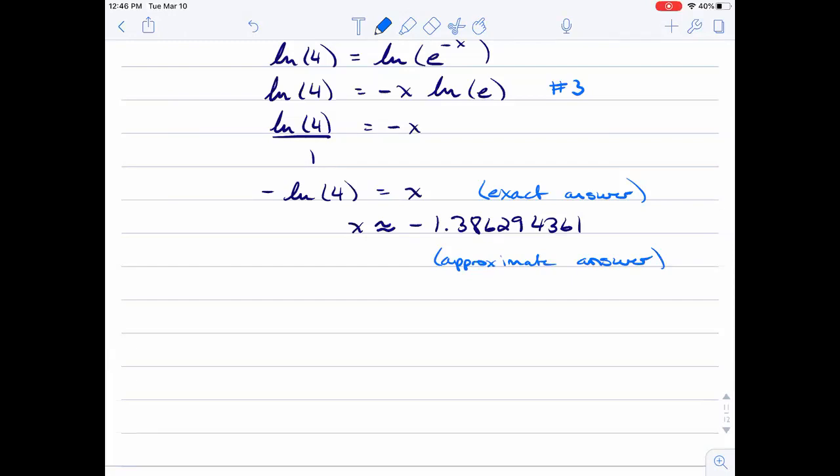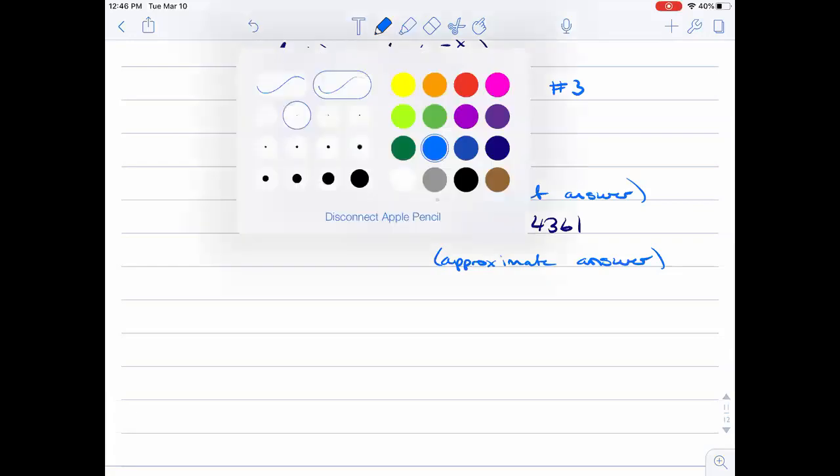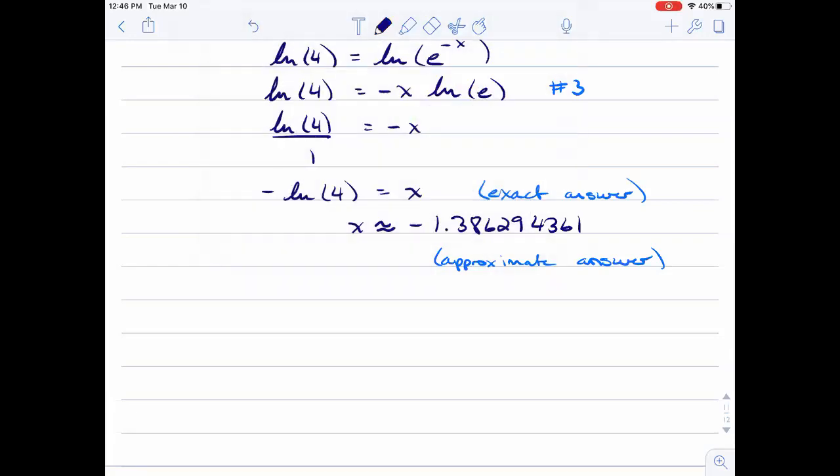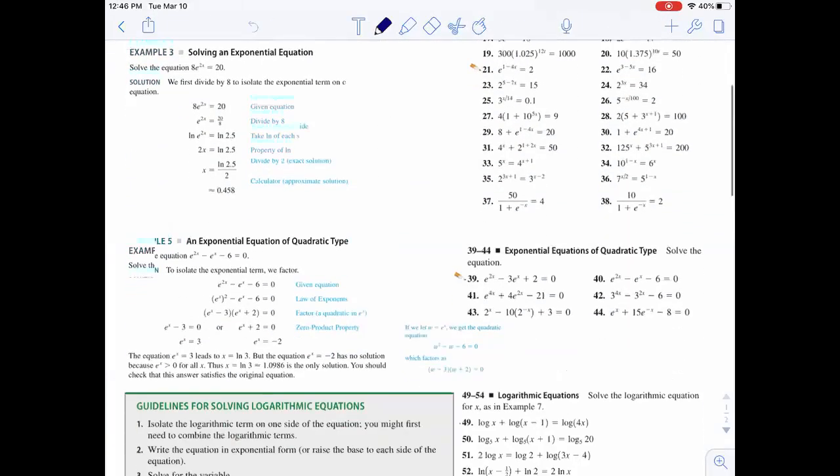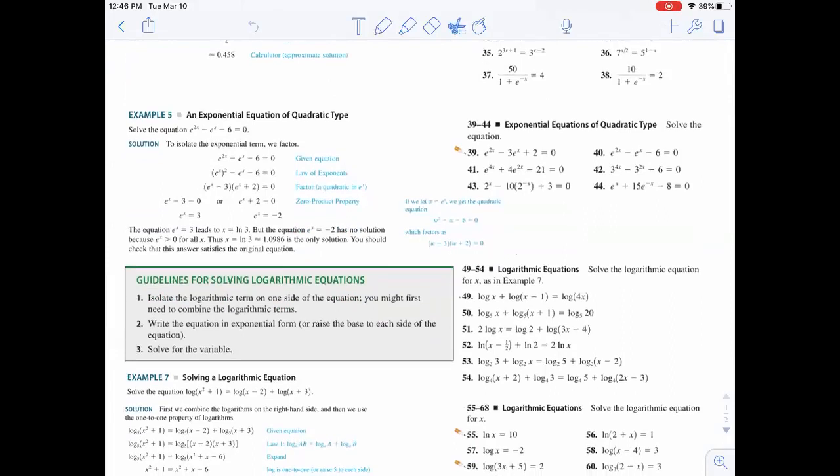You just pretend that the e to the x is just some w squared or a squared or whatever. I feel like that's not really going to come up, so let's just skip ahead to solving logarithmic equations so that at least we've seen all the material, and then we can do a couple of questions for a review next day. But solving logarithmic equations is going to be the same thing, right?